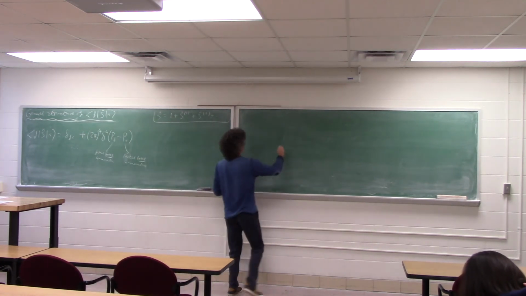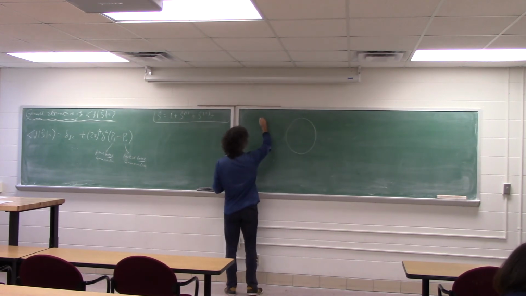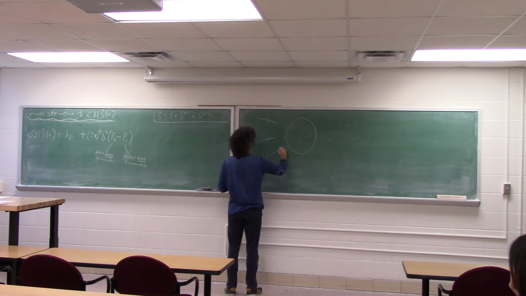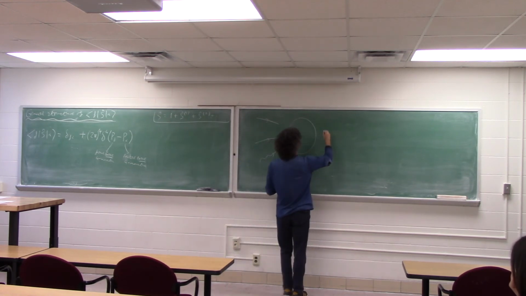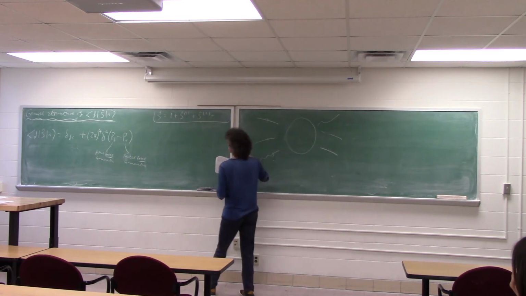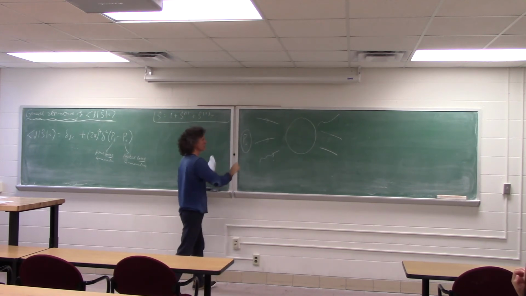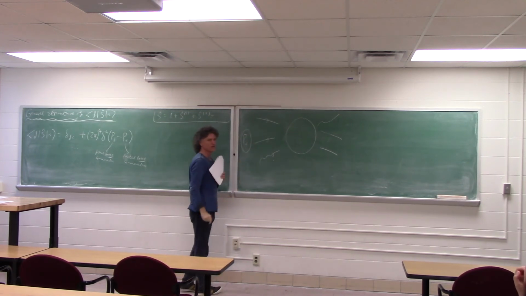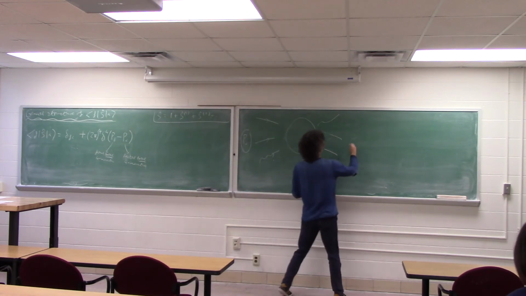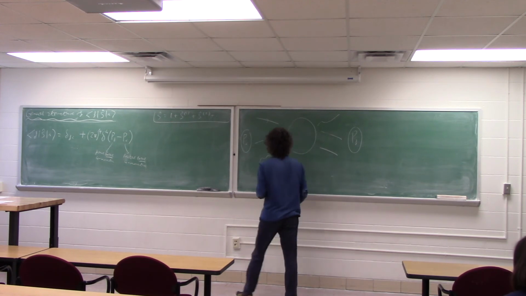So imagine I've got, not really in terms of Feynman diagrams, but just a normal picture, various particles coming in, maybe there are photons coming in, and I've got particles coming out. The initial total four momentum is just the sum of the four momenta of all the incoming particles, and here I've got the final four momentum, which is the sum of the four momenta of the outgoing particles.